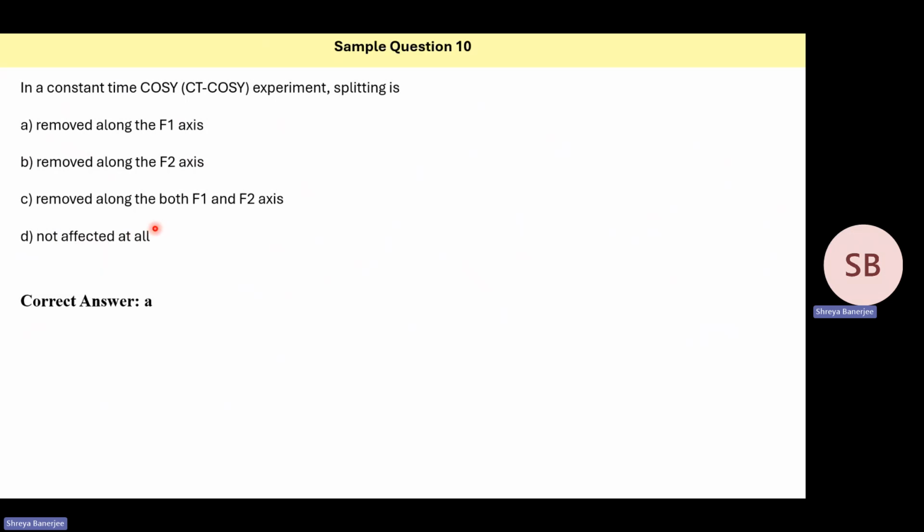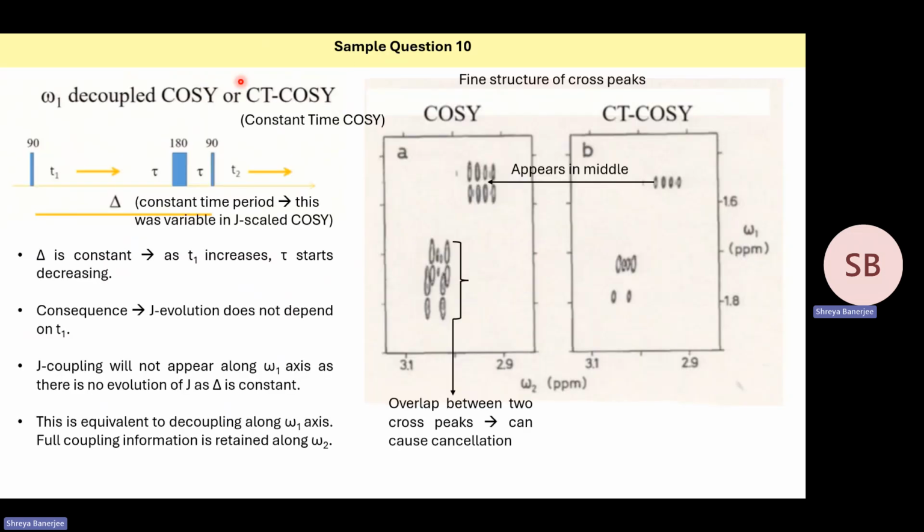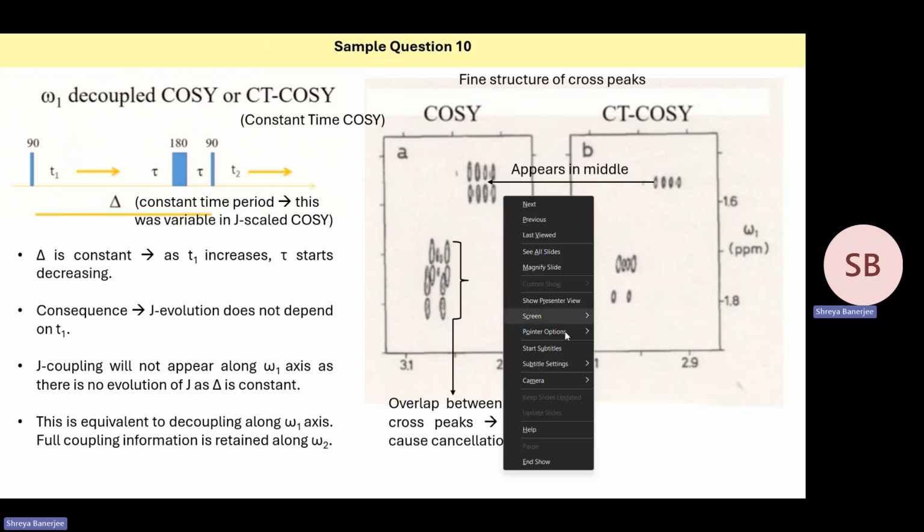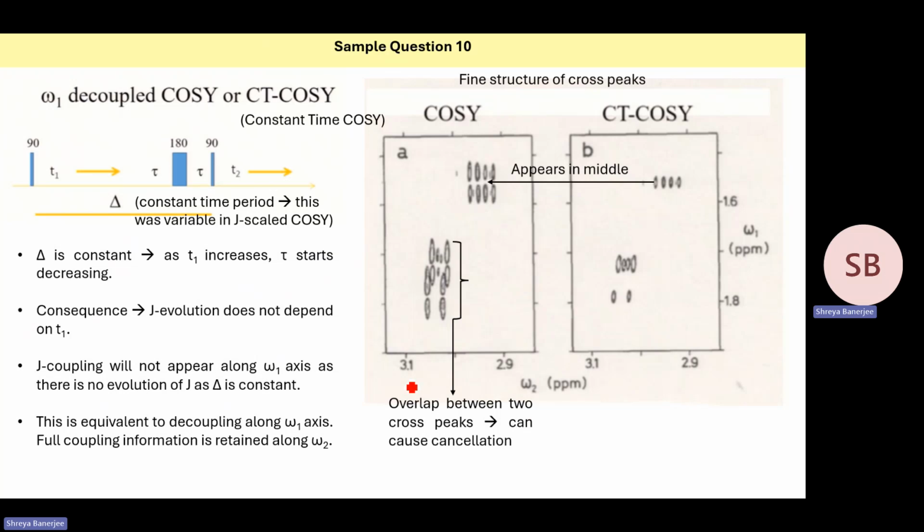And I think one more question is there, is that in CT-COSY experiment, splitting is removed along what axis? So the constant time COSY, what it was doing, normally this is the normal COSY, where both the axes, so this axis also has delta plus J, and the y-axis also has delta plus J. CT-COSY, what it will do is that in omega 2, delta plus J is retained.